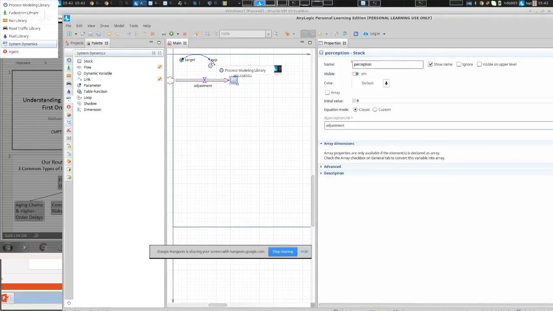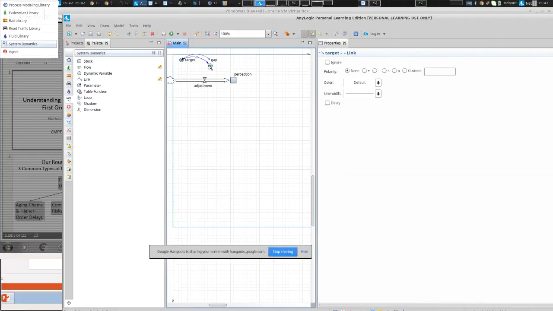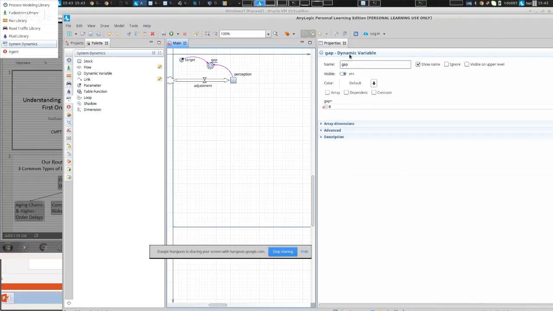So we're going to have a target, and it's going to contribute to the gap. And it's going to be the gap between target and perception, okay? So is the gap target minus perception or perception minus target? We'll make it target minus perception.